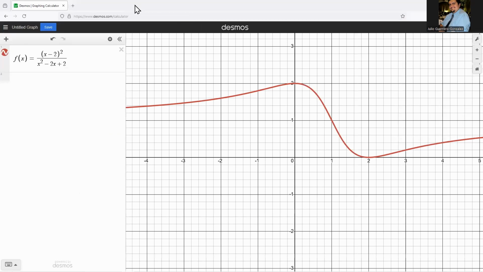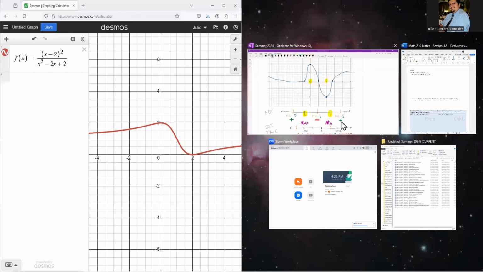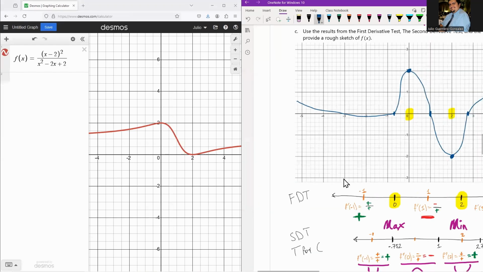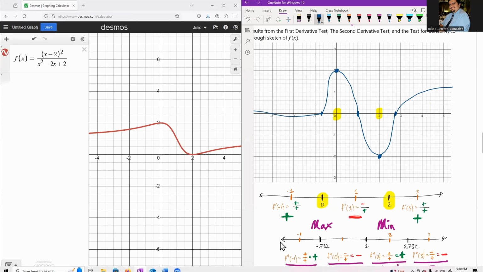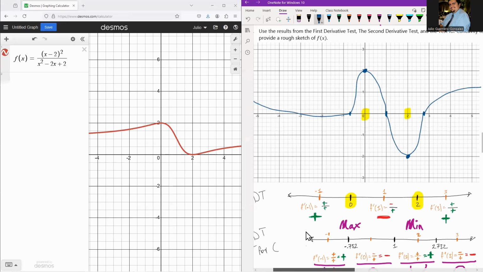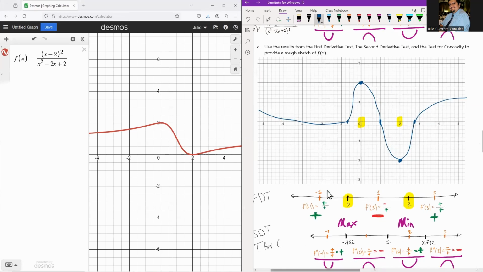Okay. Now, let me put both of them side by side. Is it exact? Heck no. Like I said, I'm not too worried about exact points. I do expect everybody to interpret everything correctly, okay? Second derivative is positive, you know it's concave up. Second derivative is negative, concave down, all that good stuff, okay?